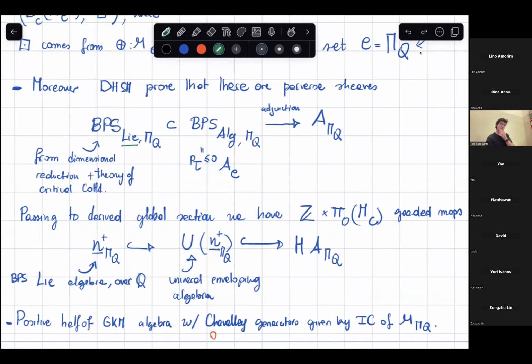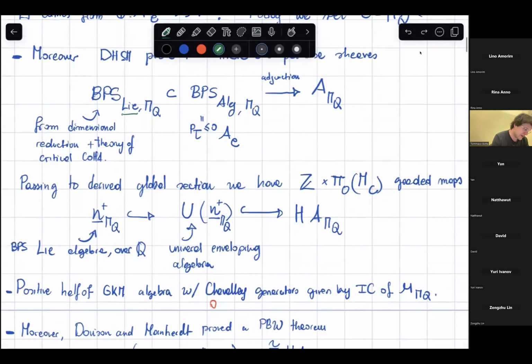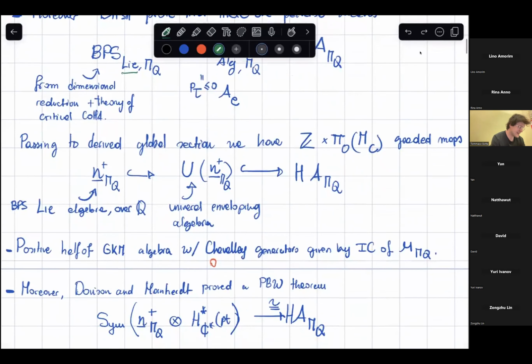And it is also interesting that the Chevalley generators of this generalized Kac-Moody algebra are obtained as intersection complexes on this good moduli space.